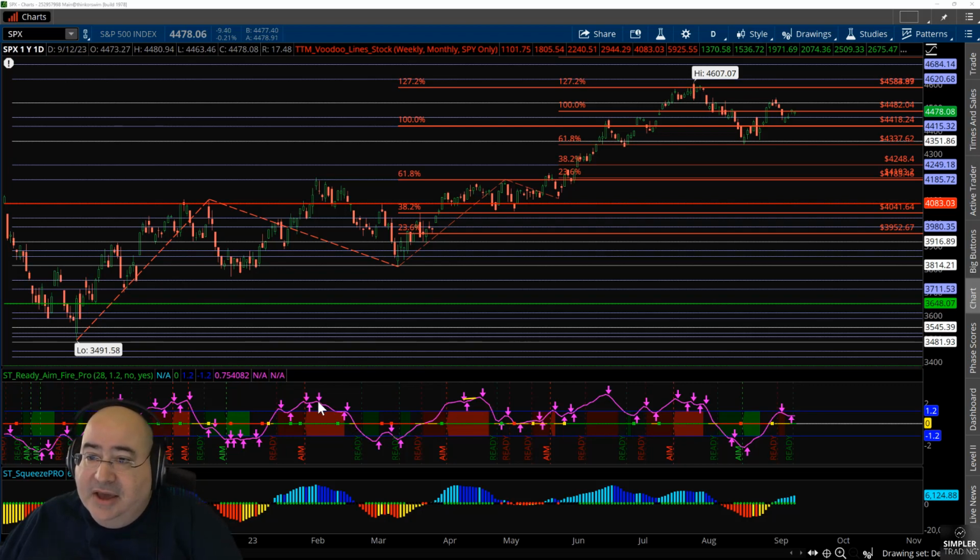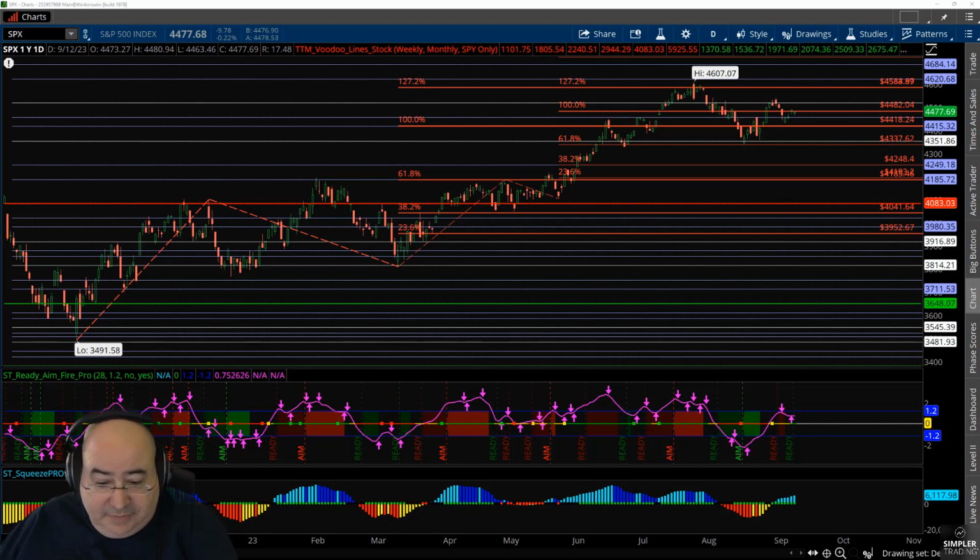They show up every time the oscillator wiggles. But I only care about whether the oscillator is wiggling in specific circumstances. And again, the ideal signal is going to be ready and aim, and for a sell, a down arrow in the overbought area, right? And then for a buy, an up arrow in the oversold area.